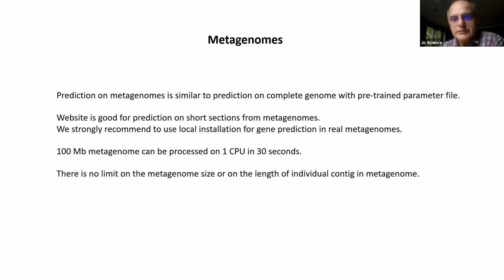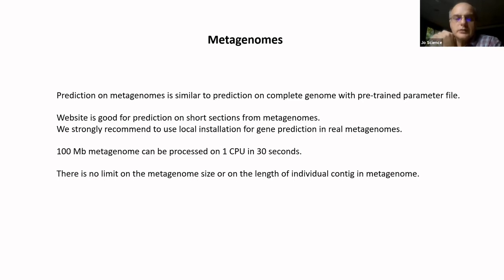The same story with metagenomes. We need a pre-trained parameter file to predict metagenomes. The procedure used to build this pre-trained parameter file is very different, but this is done once. There is a file, and for each new metagenome, you are just using this file. You are not rebuilding the parameters.